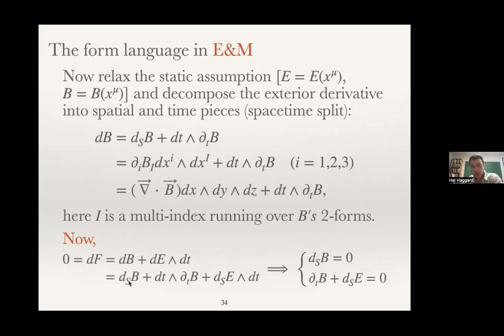This is completely spatial, and so we conclude that d_s B equals 0. And this, both terms have time pieces, and we collect the coefficients of those time pieces, and we get dt of the two form B plus the spatial exterior derivative of E. Remember, E was a 1 form, so this is a 2 form, so this equation makes sense. We get that that vanishes, and we have the time-dependent first two Maxwell equations. That's a really nice formalism.